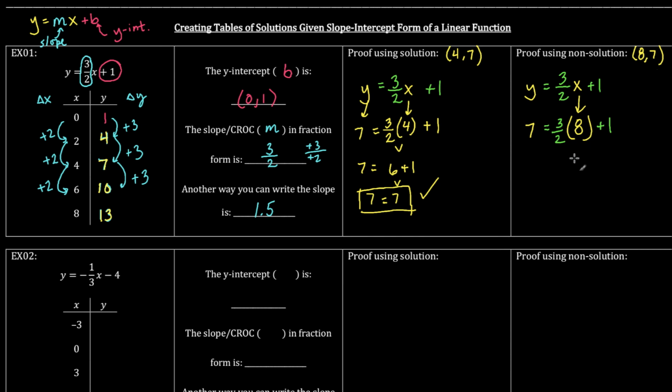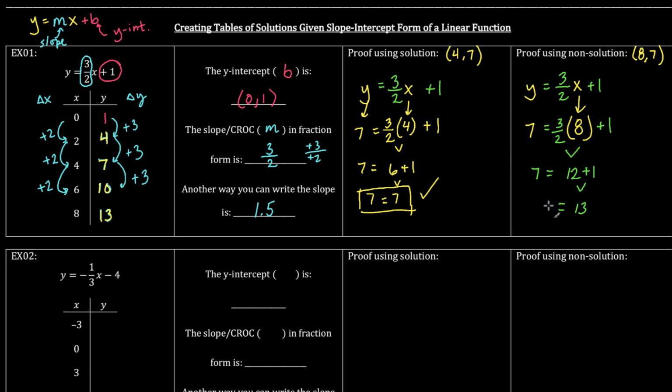Okay, so let's do the math. 3 times 8 is 24. 24 divided by 2 is 12. So 12 plus 1 should equal 7. But as you know, 12 plus 1 is 13.